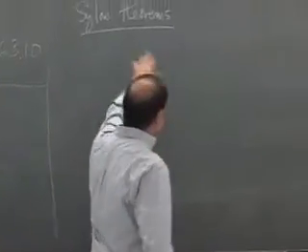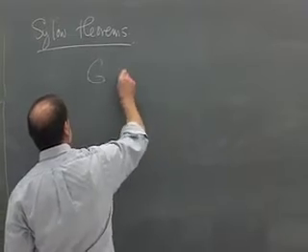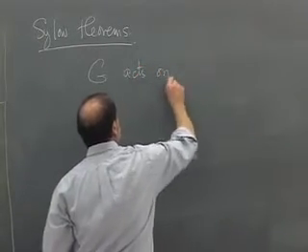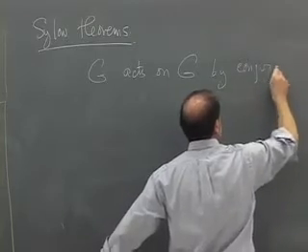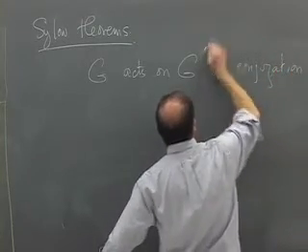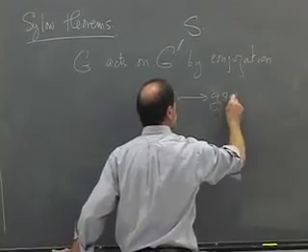Okay, the Sylow theorems: we have to discuss the operation of G by conjugation. So remember that G acts on G by conjugation. Namely, it takes an element s to g s g inverse.